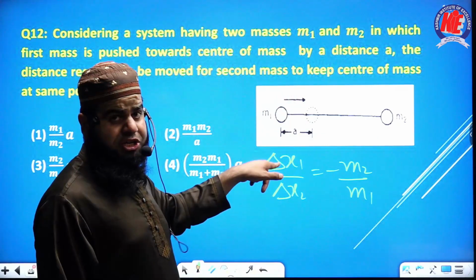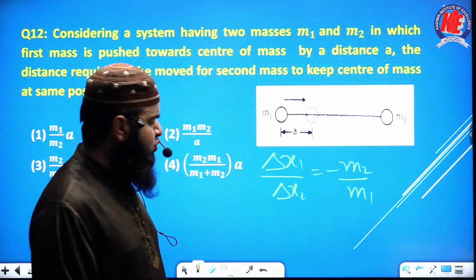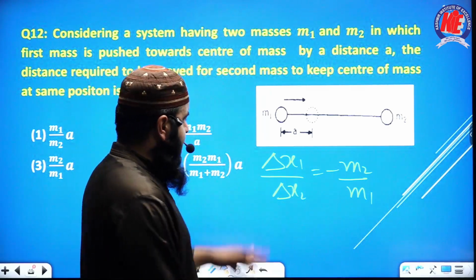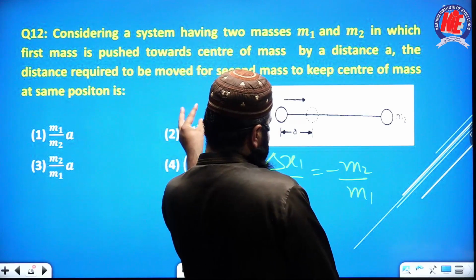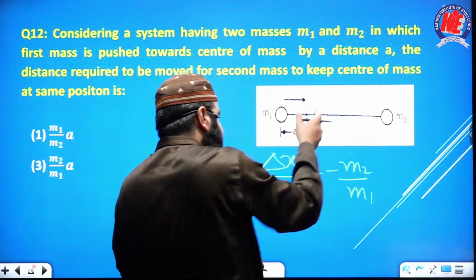Delta x1 is the change in the position of particle 1, delta x2 is the change in the position of particle 2. The minus just signifies that if this mass moves towards the right, then to keep the center of mass in place, the other has to move towards the left.